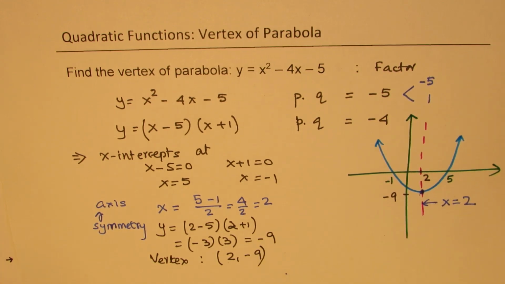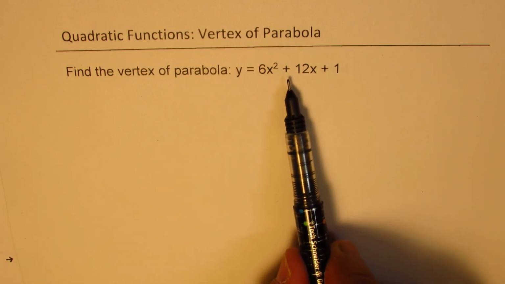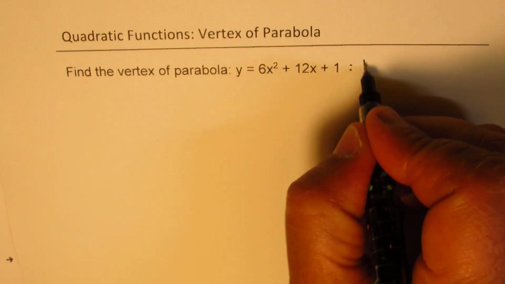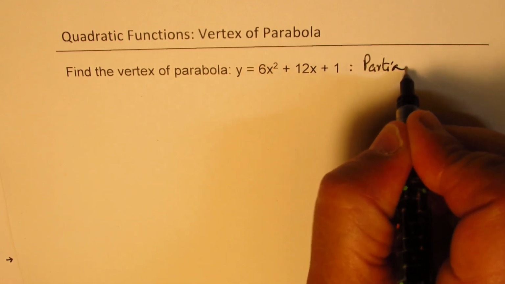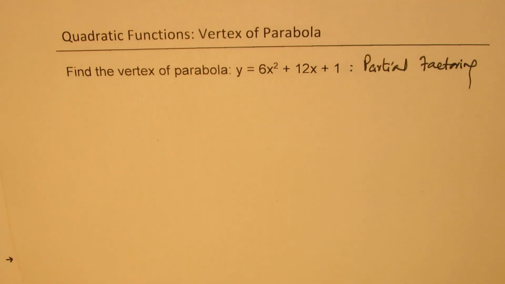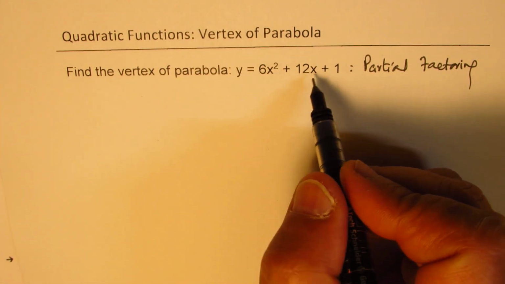Right? So let's move on and take the next example, where we need to find the vertex of the parabola y equals x squared plus 12x plus 1. Now we are going to use the strategy of partial factoring here. It cannot be factored since 1 and 12, the product of 12 will not give you a sum of 12.